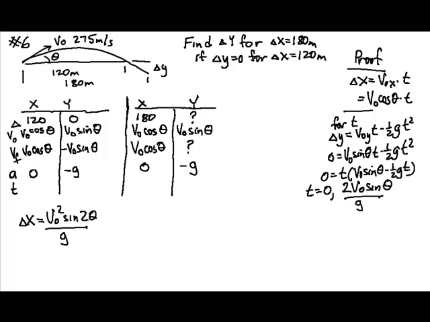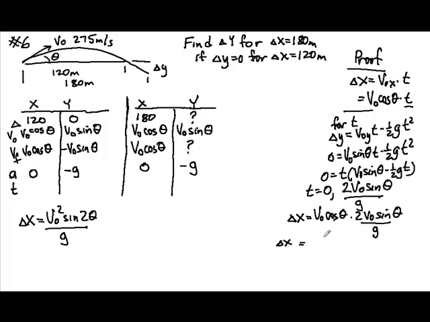Let's go ahead and combine these. I have delta x is equal to v naught cosine theta, and now I just have to substitute in t, which is 2 v naught sine theta over g.